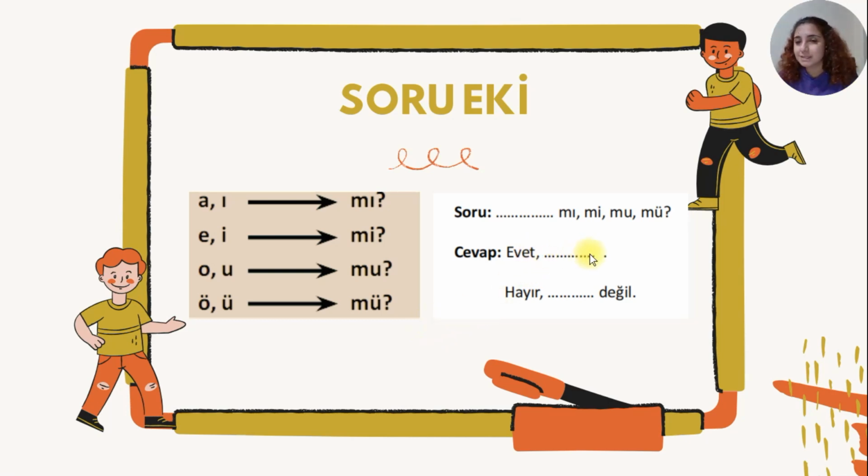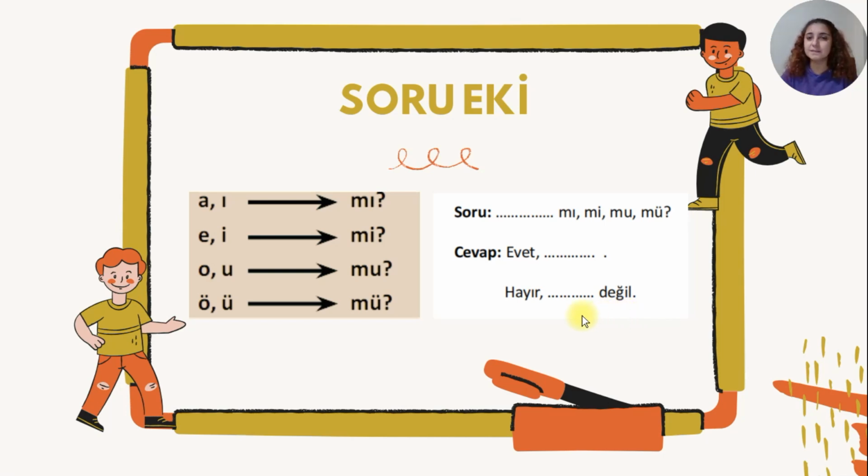Evet, bu masa. Hayır, bu masa değil. And this word is very important, değil. It means not. And there is no other word in Turkish to say not. That's why you need to know what değil is. Değil means not.